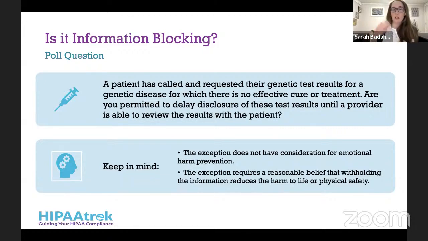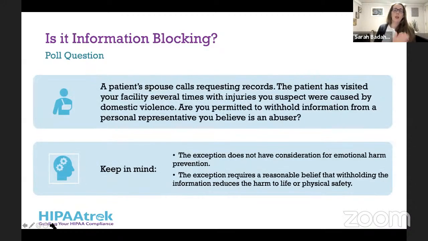But if you were in the HIM department or you're in the compliance department and you were to receive this medical records request as it's written, you would have to release that information, right? So unless that provider actually somehow alerts you that you are not to release the information. So good job, everybody.